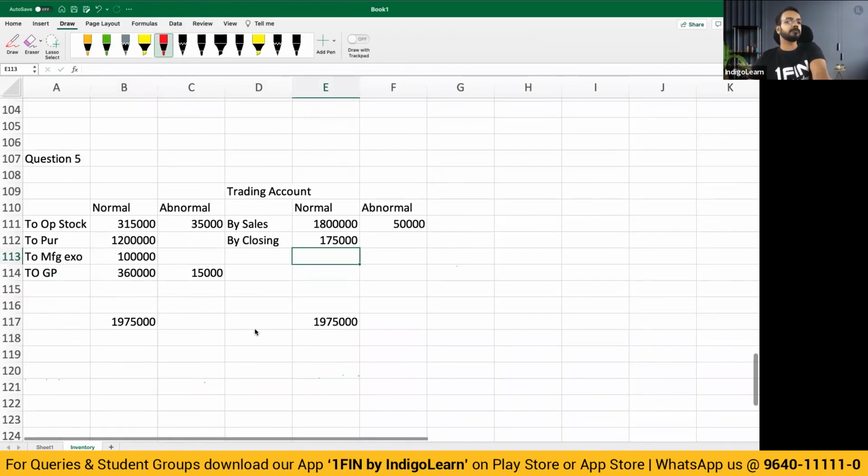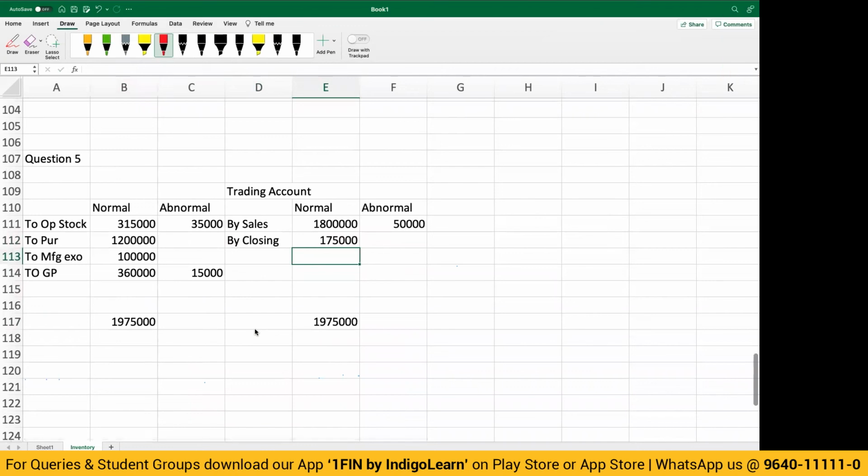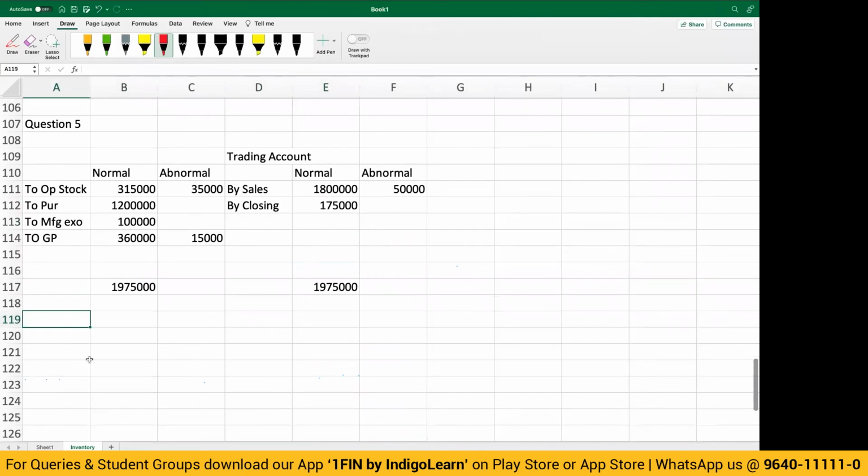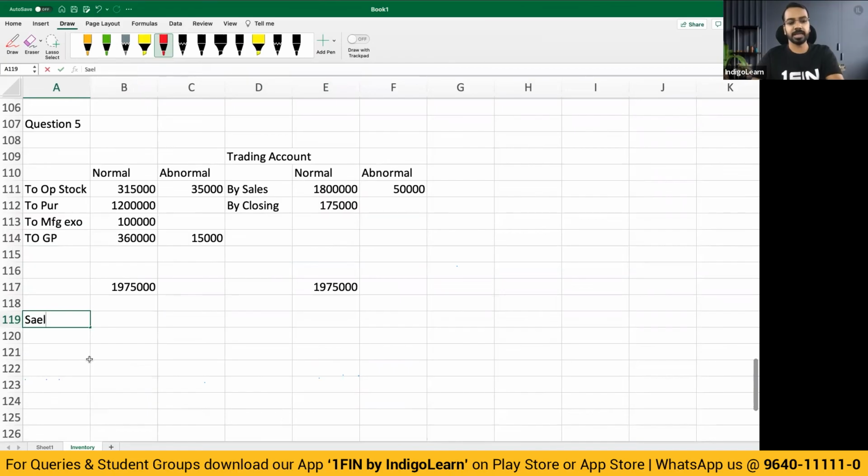Are we clear with this? Yes, sir. Now, if you want to do it in the statement format, you can start with either sales or inventory, whatever you want. You can say, okay, sale of normal items is 18 lakhs less cost of goods sold.